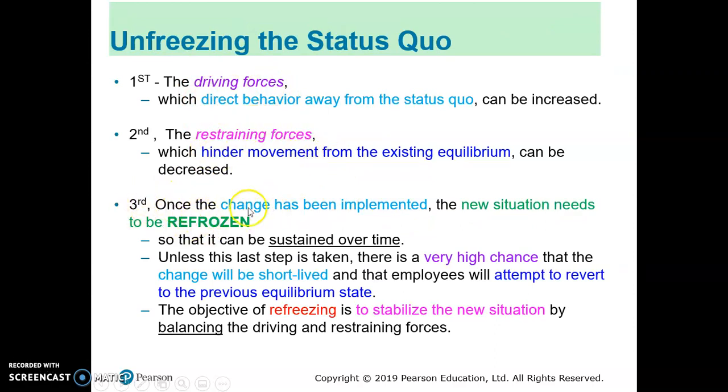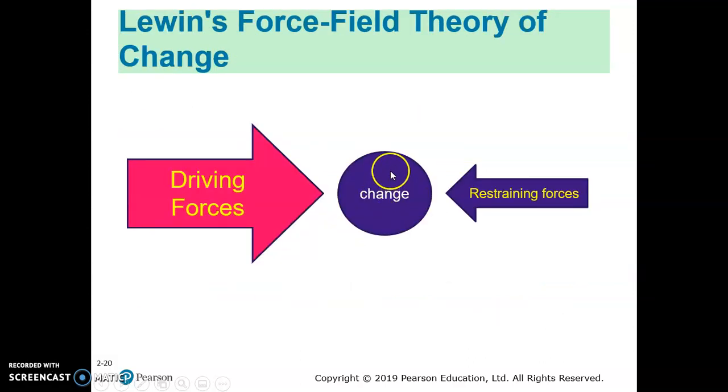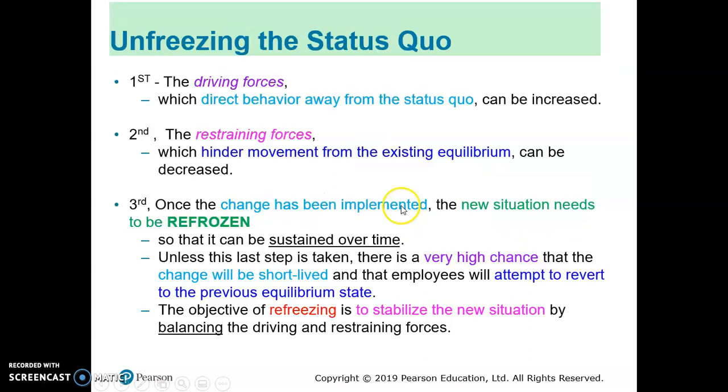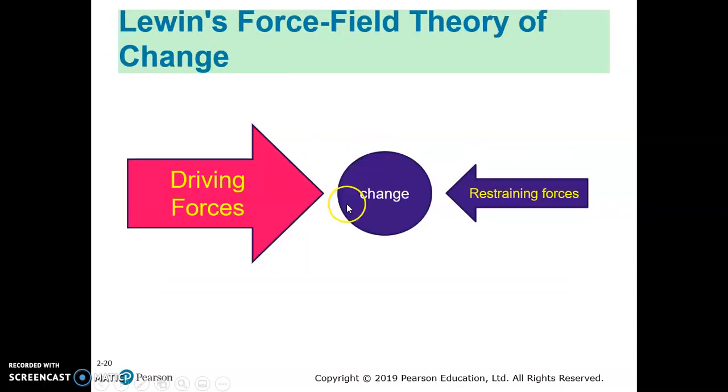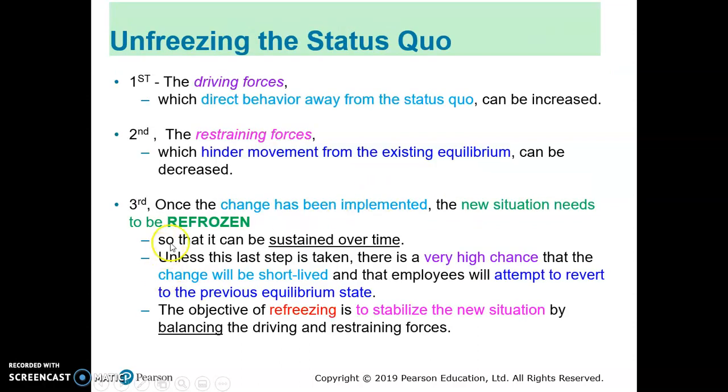The third step is when the change has been implemented. So let's say driving forces are able to beat restraining forces, so change will happen. At this stage, in order to make sure that the change is permanent, it needs to be refrozen, so that it will be sustained over time. Unless this refreezing takes place, there is a very high chance that the change will be short-lived.